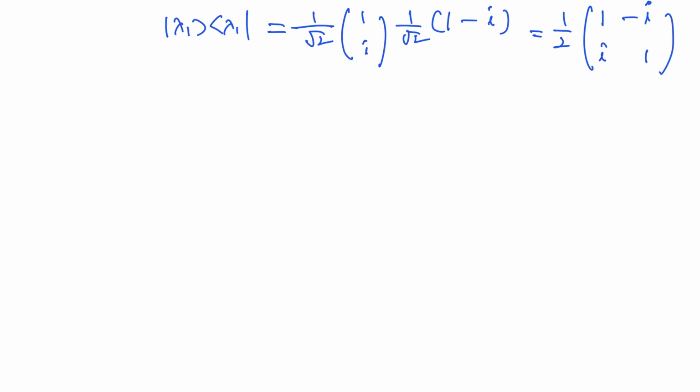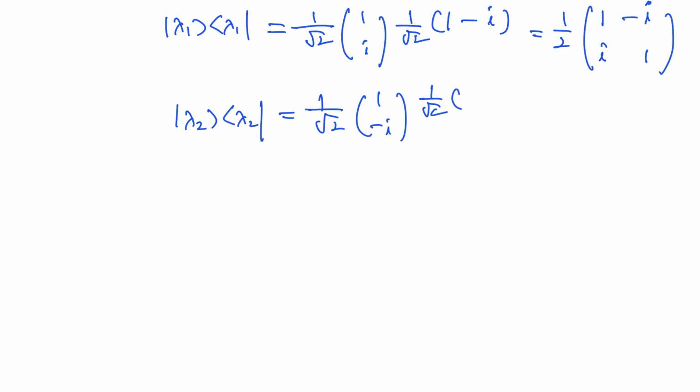How about lambda 2, lambda 2? 1 over square root of 2, (1, -i), times 1 over square root of 2, (1, i), which is 1 over 2, (1, i, -i, 1), right? So if we add them together, what happens?